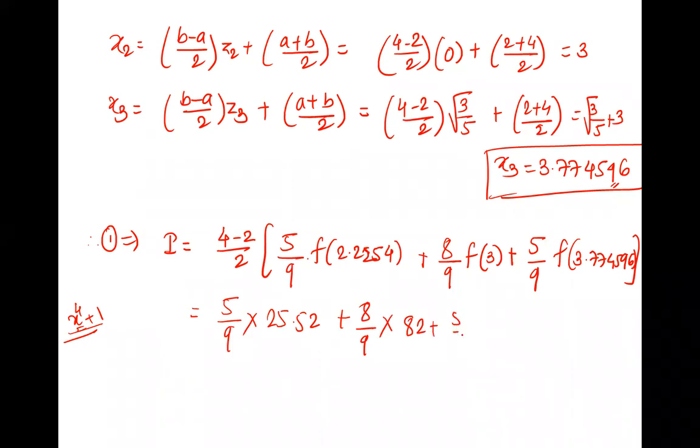Correct. Plus 5 by 9 into f of x; in place of x put 3.774596 raised to 4 plus 1. What is that? 203.99. Solve this. Finally, you will get the answer and tell me the answer.